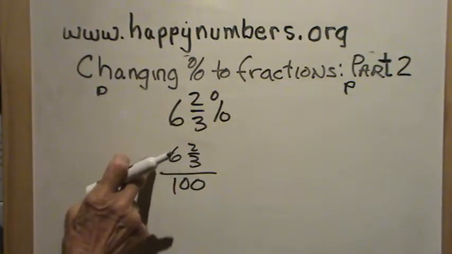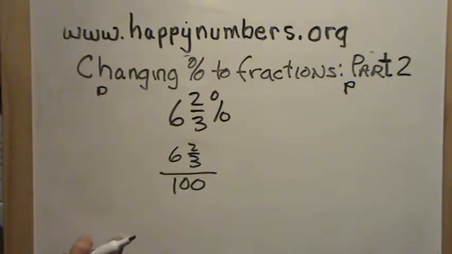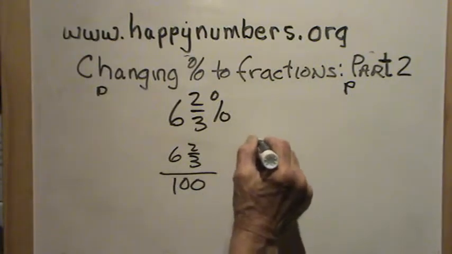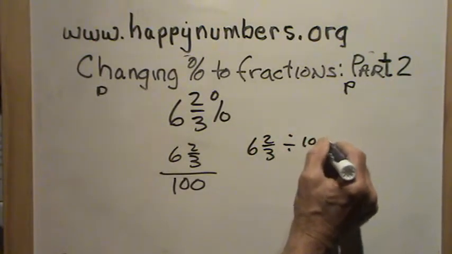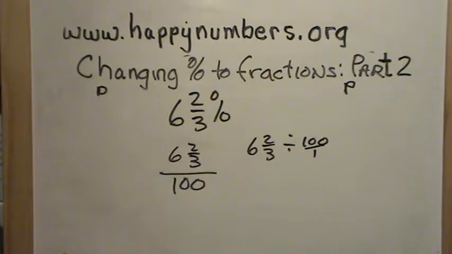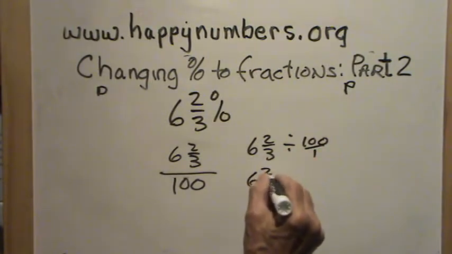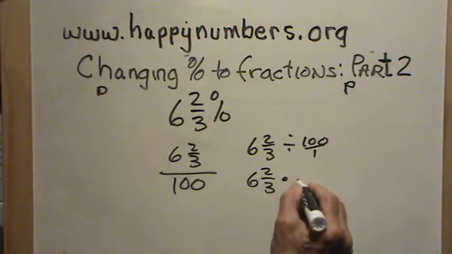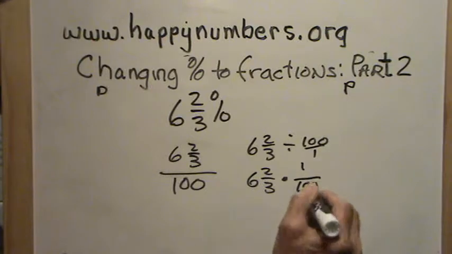So now we're doing 6 2/3 divided by 100. Well, if you remember in fractions, 6 2/3 divided by 100 over 1, we have to rewrite the problem. 6 2/3, we change it into multiplication, and we use the reciprocal of this, 1 over 100.